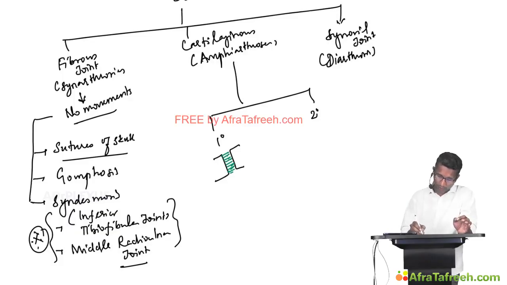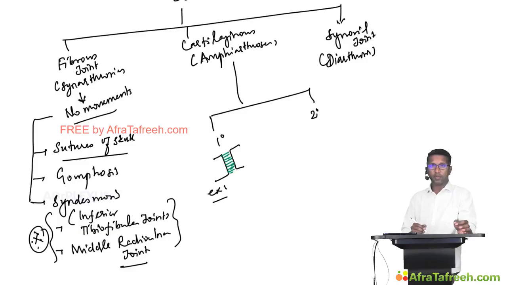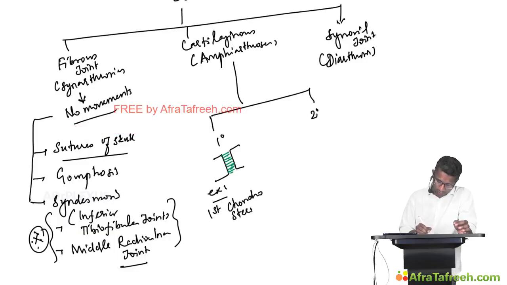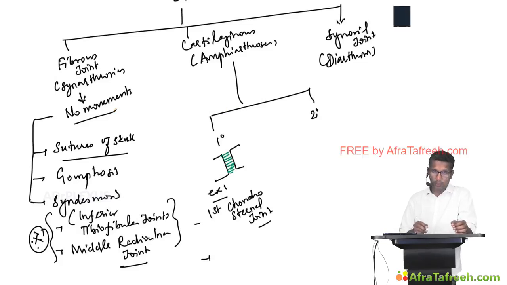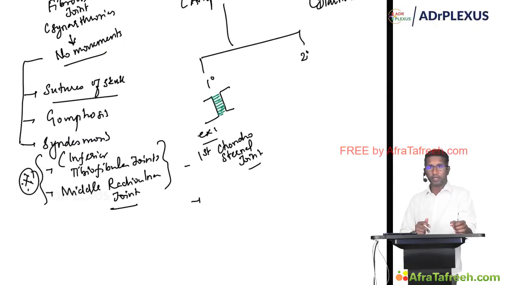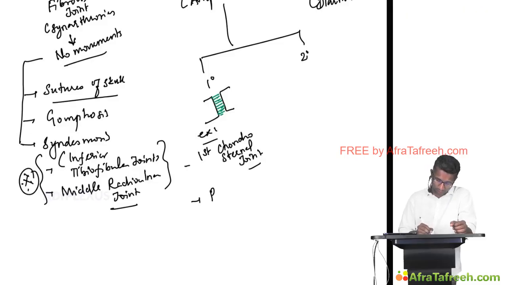Examples for a primary cartilaginous joint are the first chondrosternal joint. The metaphyseal region and the epiphyseal region are joined by a plate called the physeal plate.